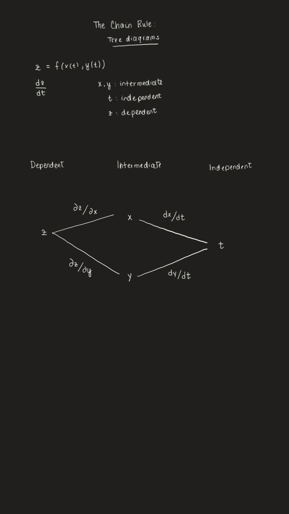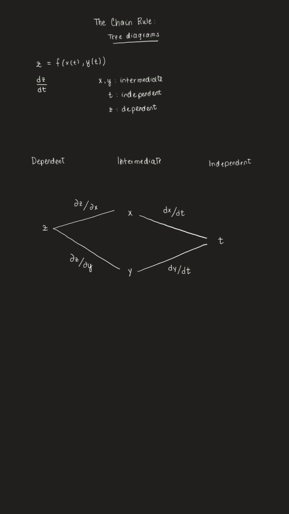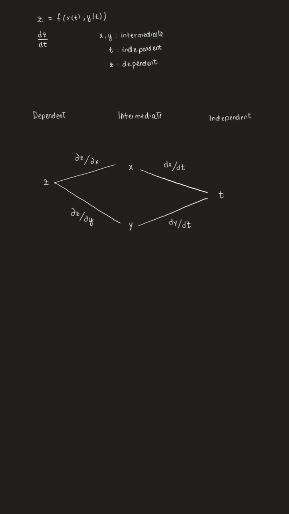So probably one of the most important parts of keeping track of a tree diagram like this is understanding that we use ordinary derivatives like dx dt, dy dt, when a variable depends on only one quantity.